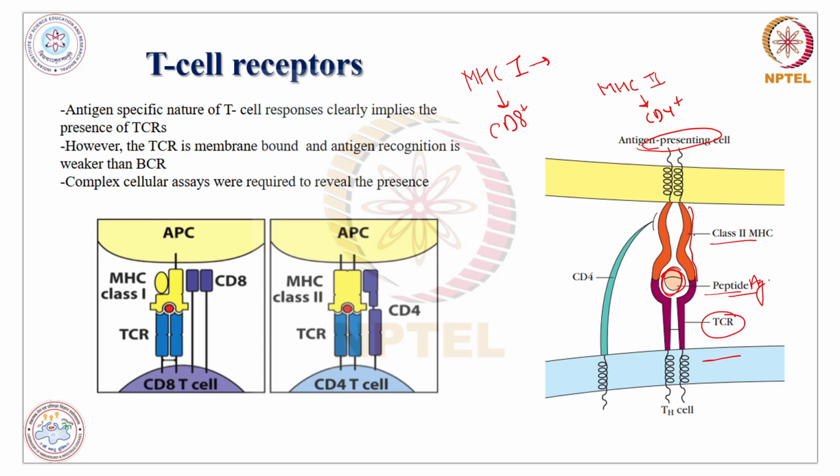So this MHC class 2 has taken the captured antigen to the T cell receptor. And here the CD4 is present because the MHC class 2 is presenting the antigen. So it is presenting antigen to the T cells which have CD4 on their surface. If it was MHC class 1, then it might be CD8 here. So that is the difference.